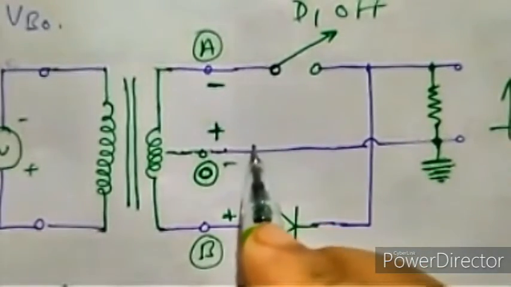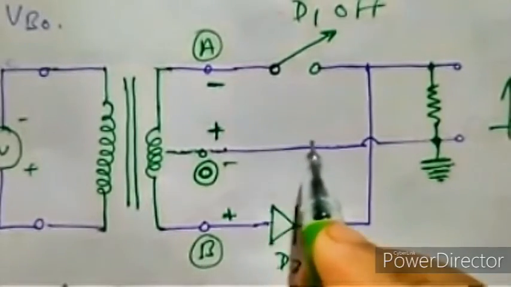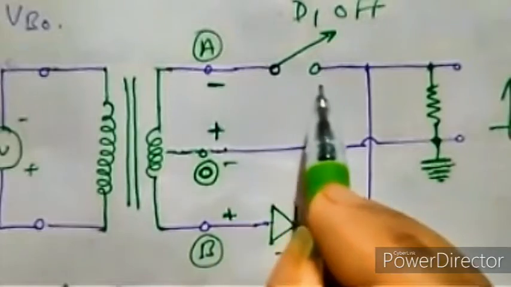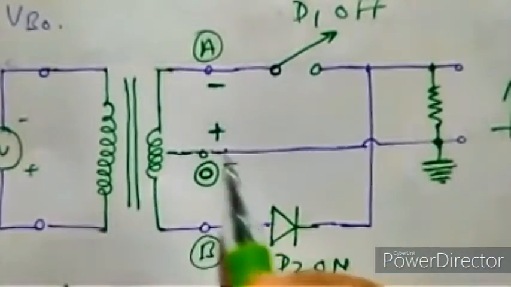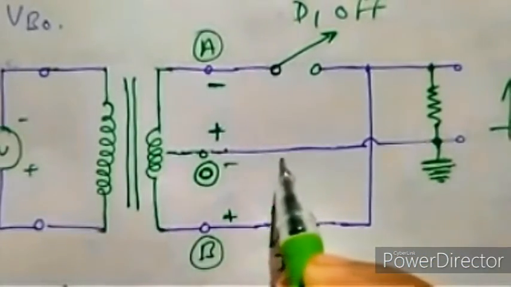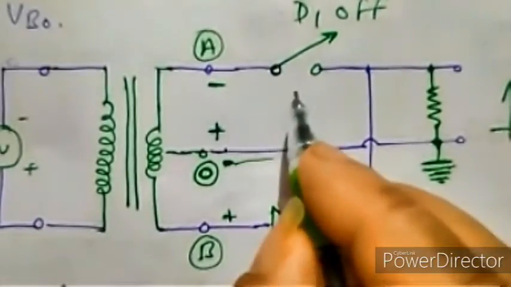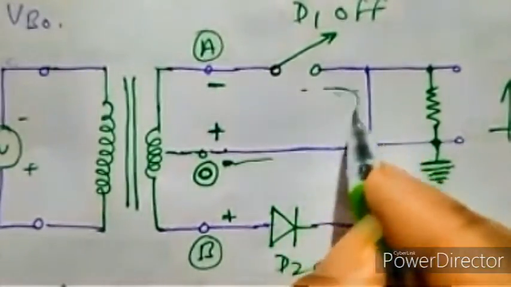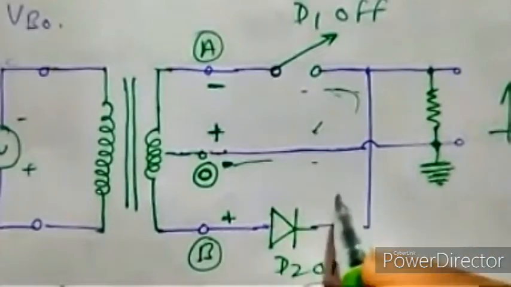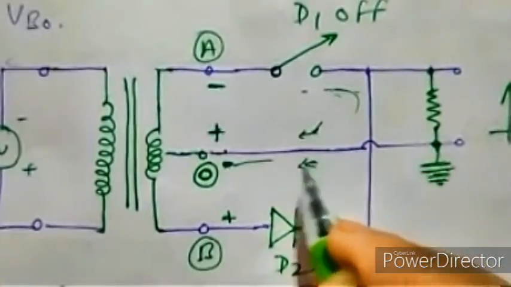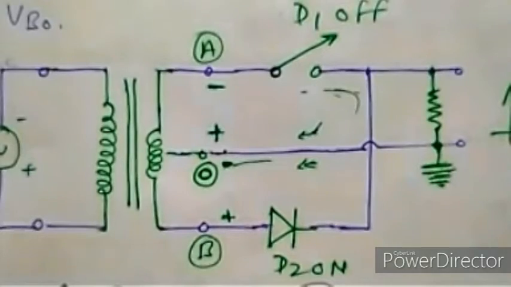Suppose we have a resistance there: in the first cycle the current flows like this, and in the second cycle the current flows like this. It means the current flows in the same direction, right?